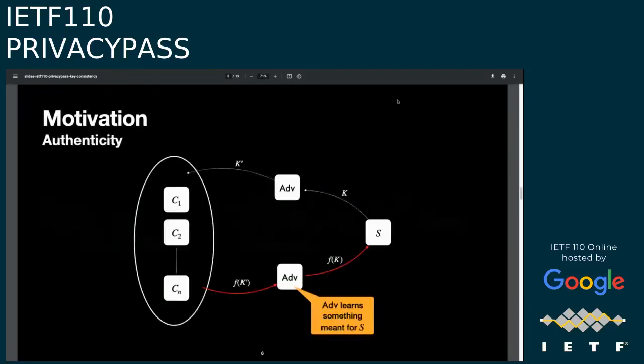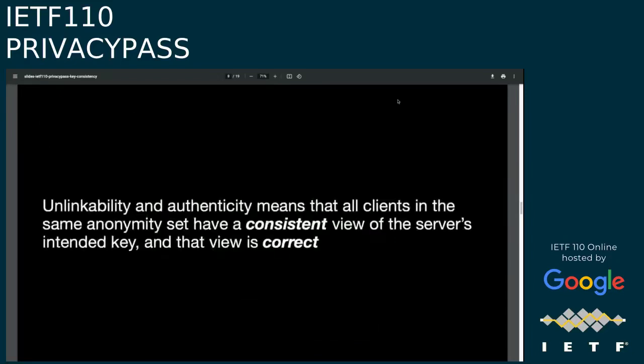So ideally when a client discovers a key, it's authentic, meaning that it's correct. It corresponds to the right server that the client intended, and its use of the key is unlinkable from other people who happen to have the same key.